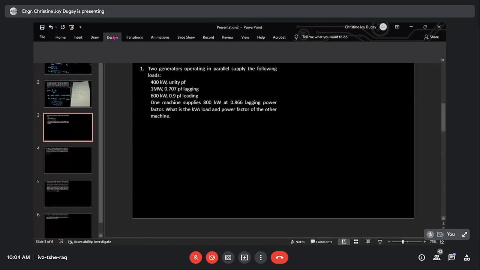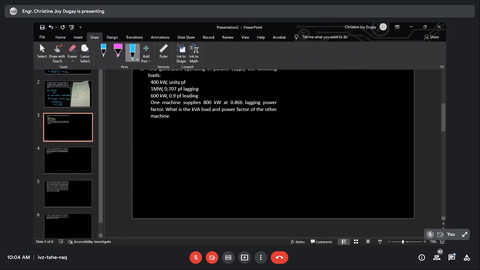Sa supply natin. No? It should be the supply to the load. Yung supply natin na power equal sila. Yun lang.